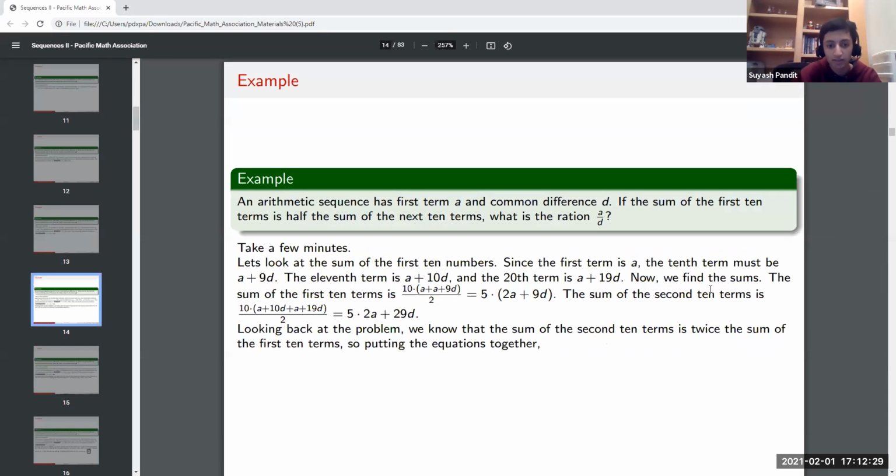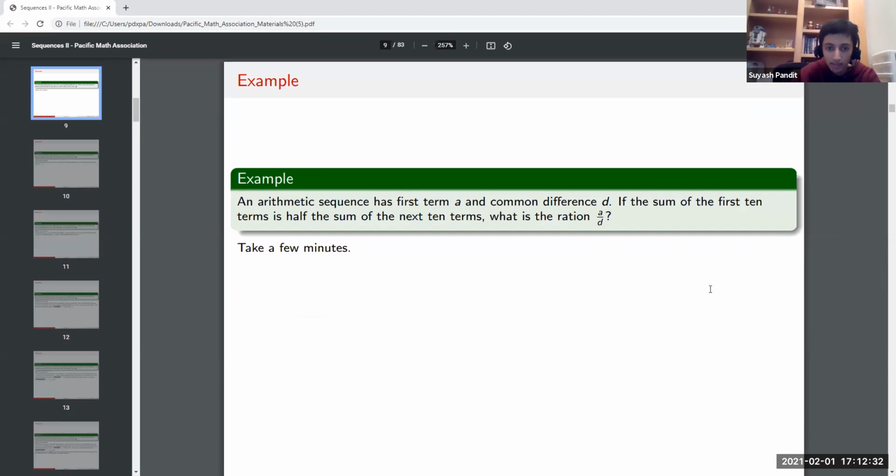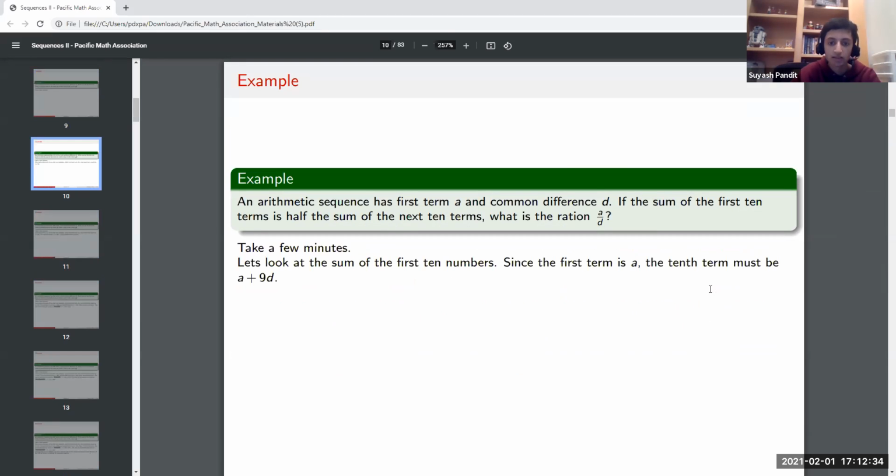So let's actually go back and walk through this again. The sum of the first 10 terms is half the sum of the next 10 terms. The formula we use is the average of the first and last terms multiplied by the number of terms. We know the first term and the last term, so we take the average and multiply it by the number of terms.